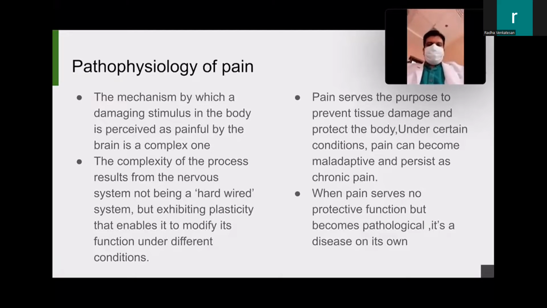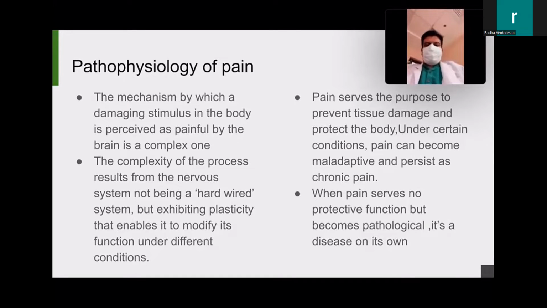By exhibiting plasticity, it can modify its function under different conditions. So basically, plus and minus are there for everything. If it is hardwired, it is only 1, 2 plus 2, 4. But being plastic, there is advantage and disadvantage. That is where, if you understand and treat, you get the best benefit out of it.